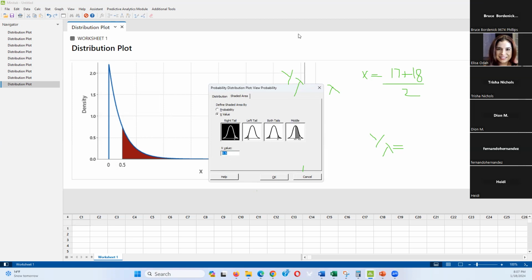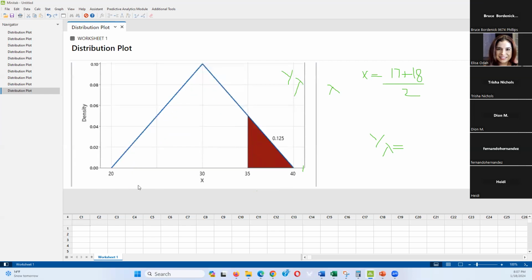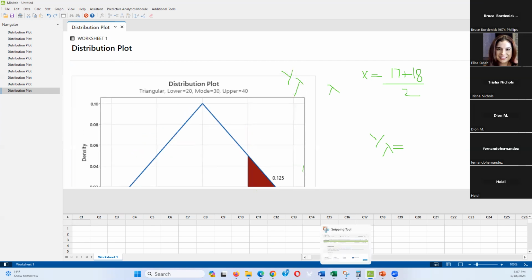Let's say I need 35 and beyond, and I can get this. This is 20, 30, and 40, and I need the probability between 35 and 40. So this is the triangular distribution. This is module number 3, part 2. Now, please feel free to ask a question if you have one.